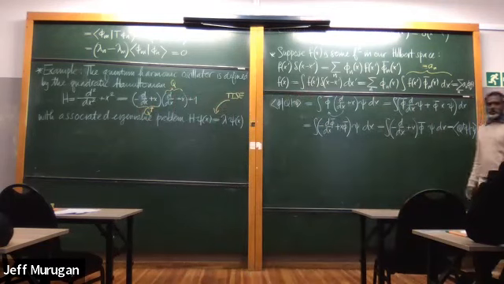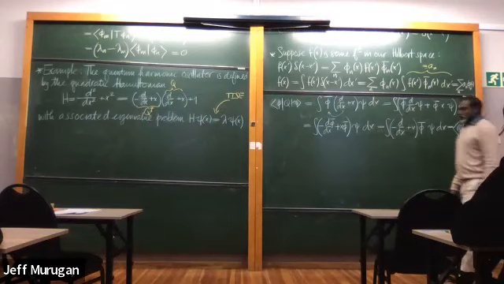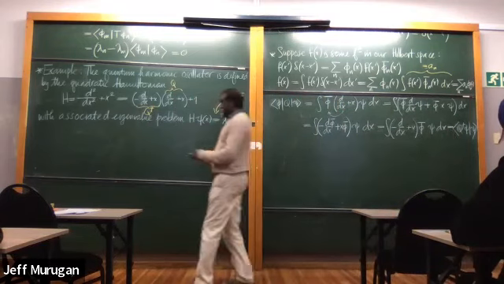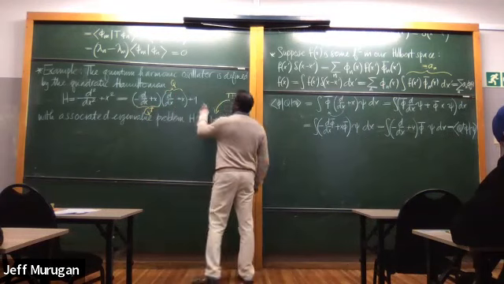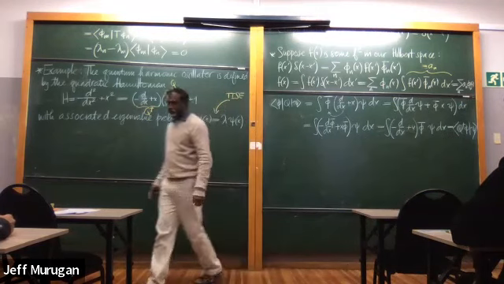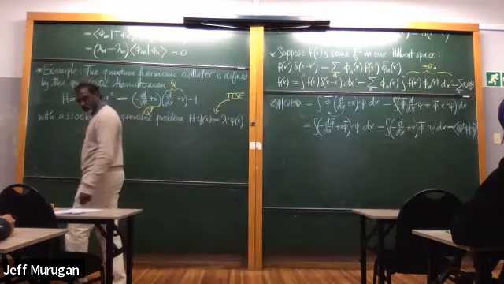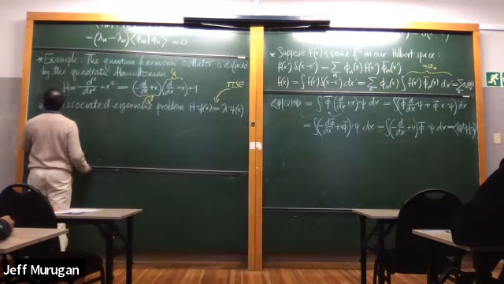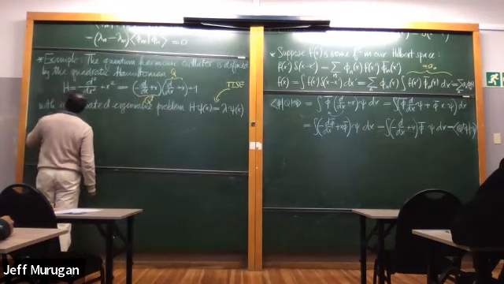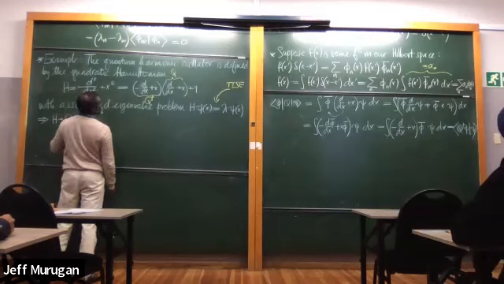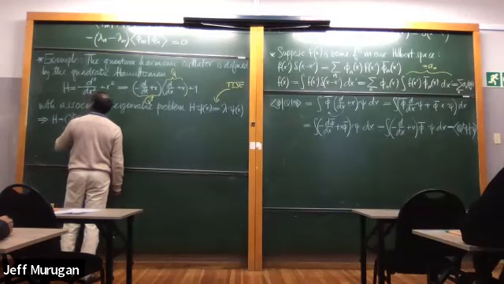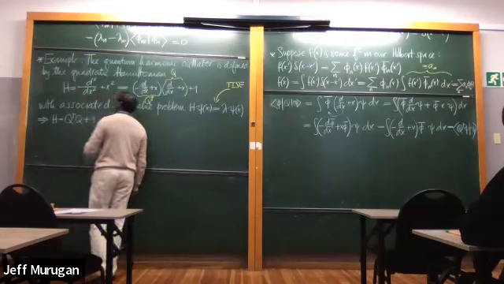And in this example, you can see that the operator q is not a self-adjoint operator. Right? Okay, but what this means is that my Hamiltonian is q dagger q plus 1.